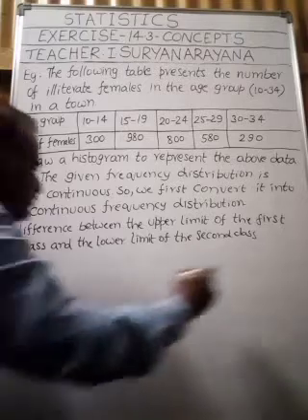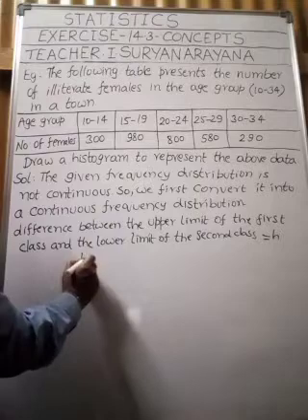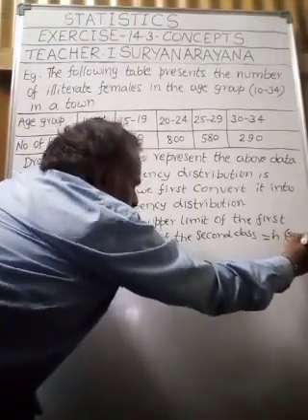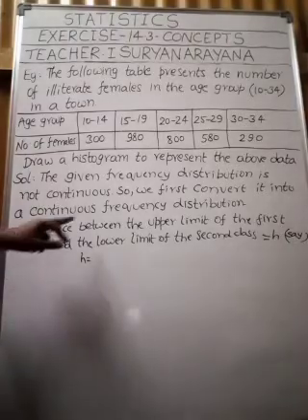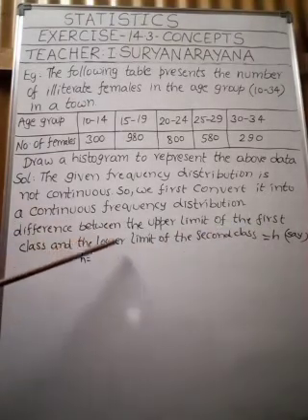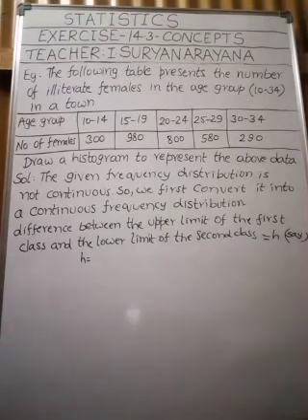Okay, my children, that is h. Let us consider the difference between the upper limit of the first class and the lower limit of the second class to be h. So what is h here?